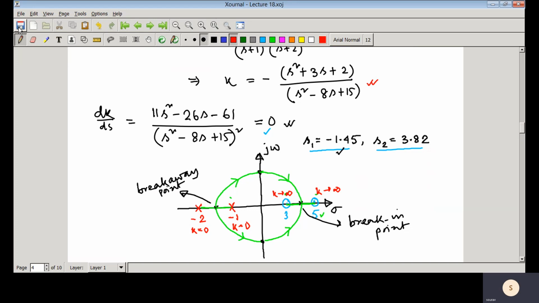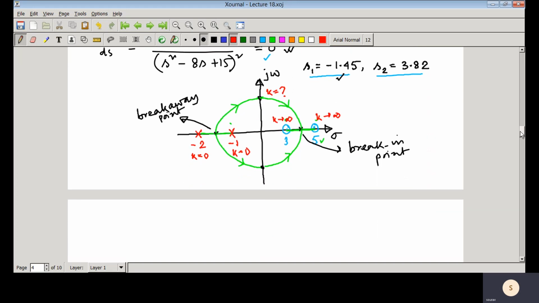Here one point we have noticed is that when we increase the value of K, at some particular value of K two poles cross the imaginary axis. Now we are interested in finding that value of K and the point at which they cross the imaginary axis.